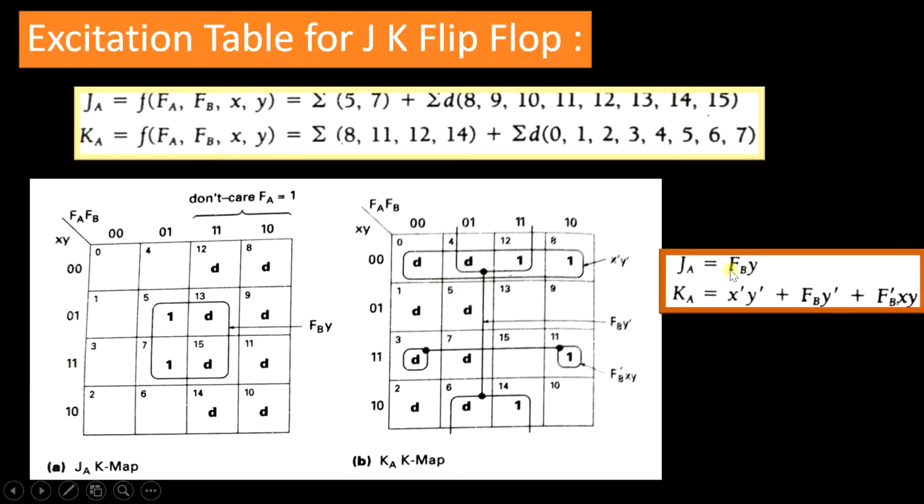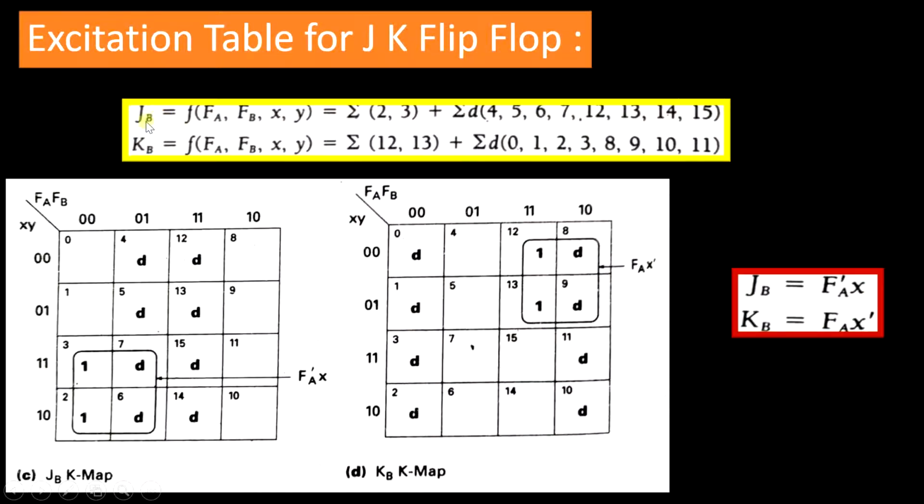JA is equal to FBY, KA is equal to X dash Y dash plus FB Y dash plus FB dash XY. Similarly, I have considered JB, KB, mapped them, grouped them, and this is the expression that I get.